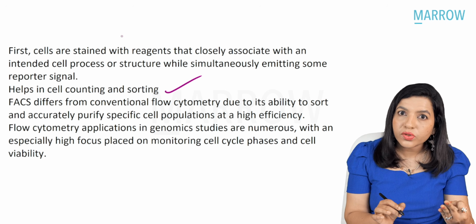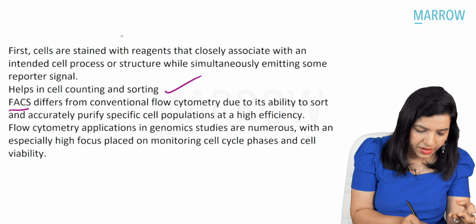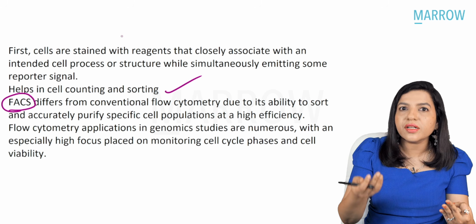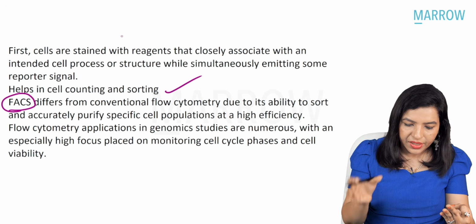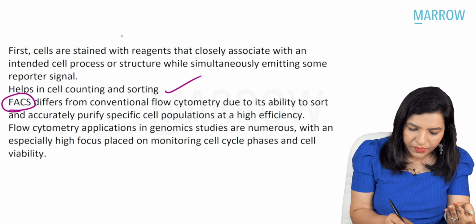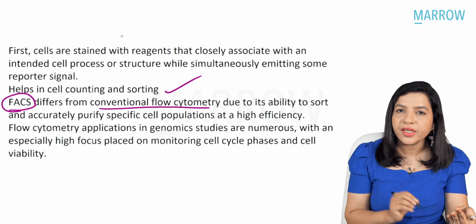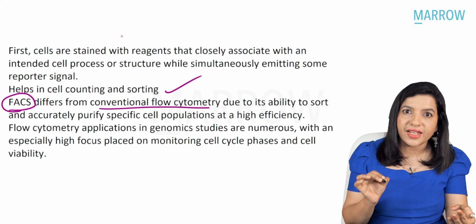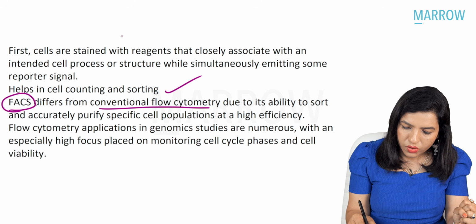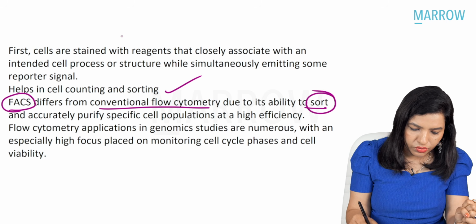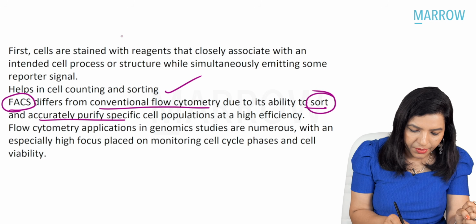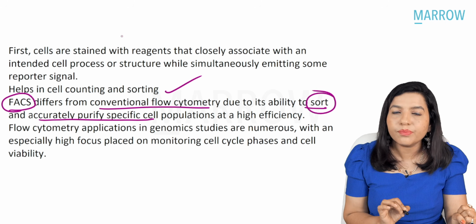Then fluorescence activated cell sorting, that is FACS, is a newer flow cytometry technique which differs from conventional flow cytometry in that it has the ability to sort and accurately purify a specific cell population.